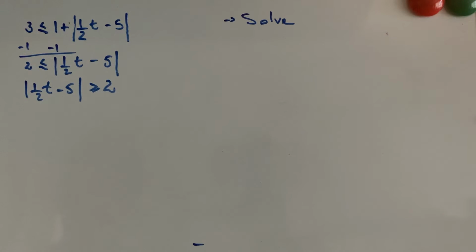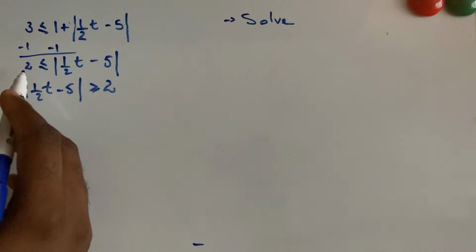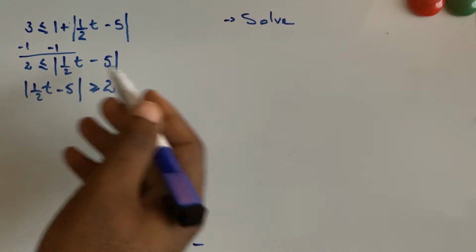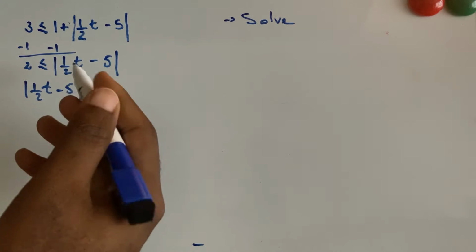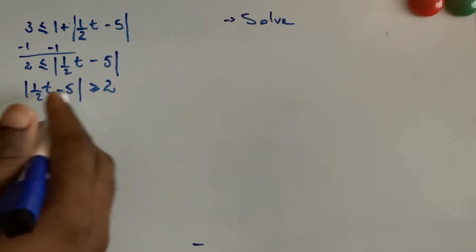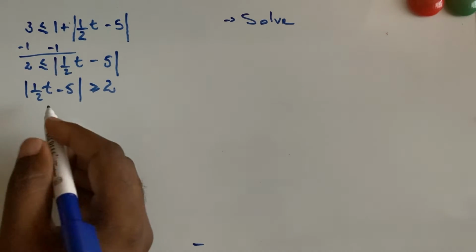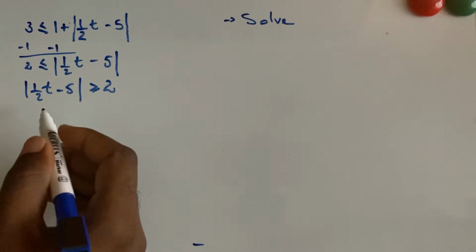Because it's the same thing as saying if I'm older than you, then you are younger than me. So 2 is less than this absolute value, therefore the absolute value is greater than 2.